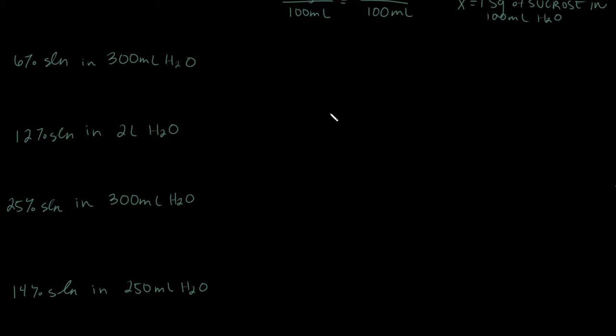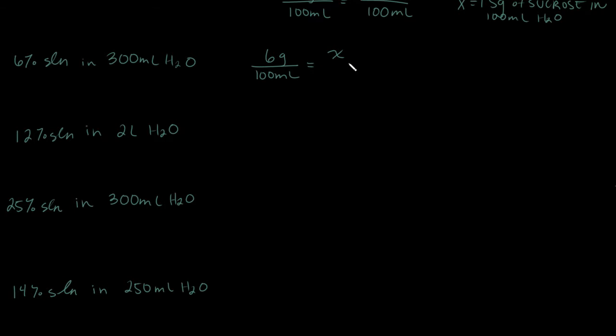So let's move on to the next one. 6% solution in 300 mils of H2O. I'm going to do the same thing. 6% solution, we know that percentage is grams per mil, and since it's percent, it's 6 grams per 100 milliliters is equal to, again, we don't know how much we're actually weighing out.